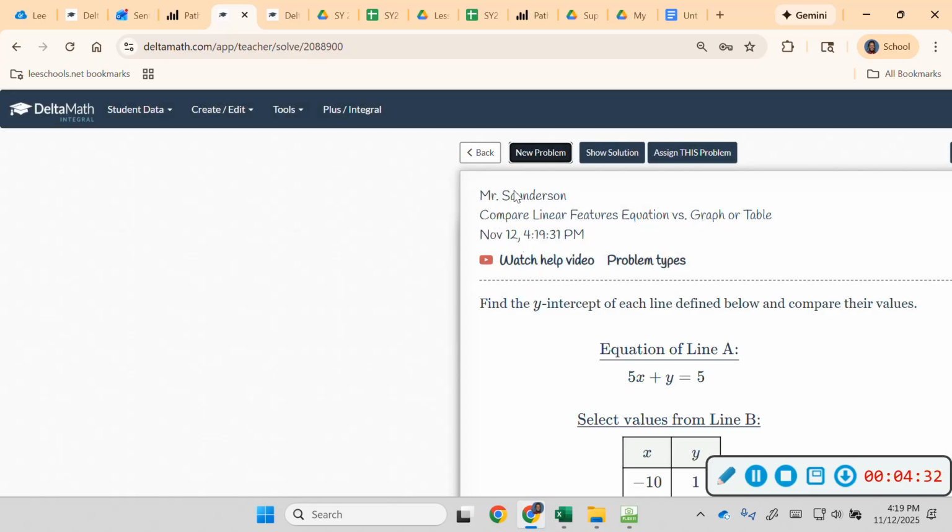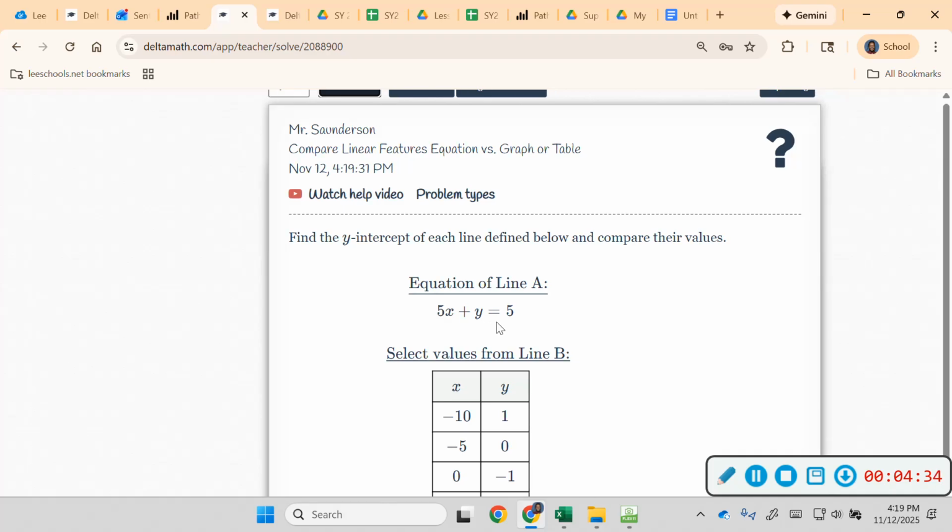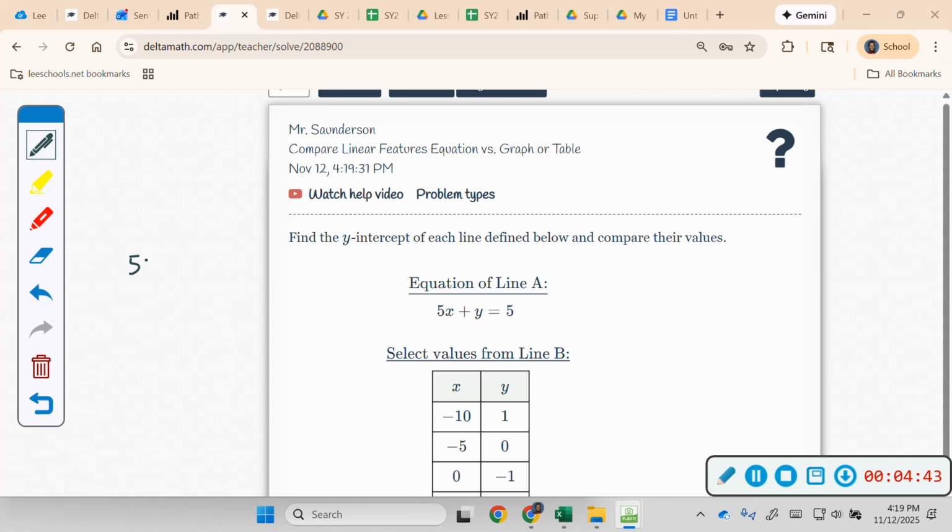Okay, let's try one last one. For this one, we're just going to move the 5x to the other side by subtracting 5x, so that y equals negative 5x plus 5. The y-intercept would be the 5. I could divide by 1 here, but nothing changes.